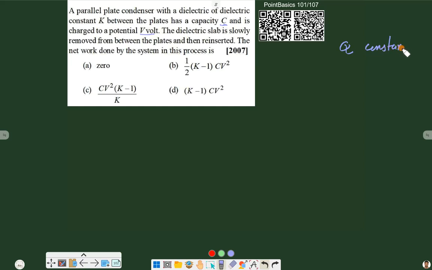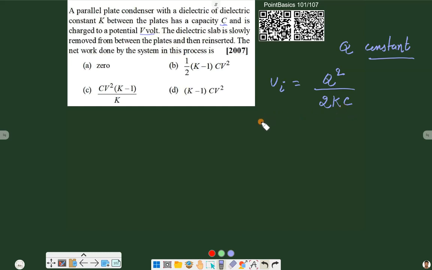So charge on this capacitor throughout the whole process will remain constant. So when the slab is inside the capacitor, its initial energy will be given by Q square by 2KC, because charge remains constant and only capacitance will change.